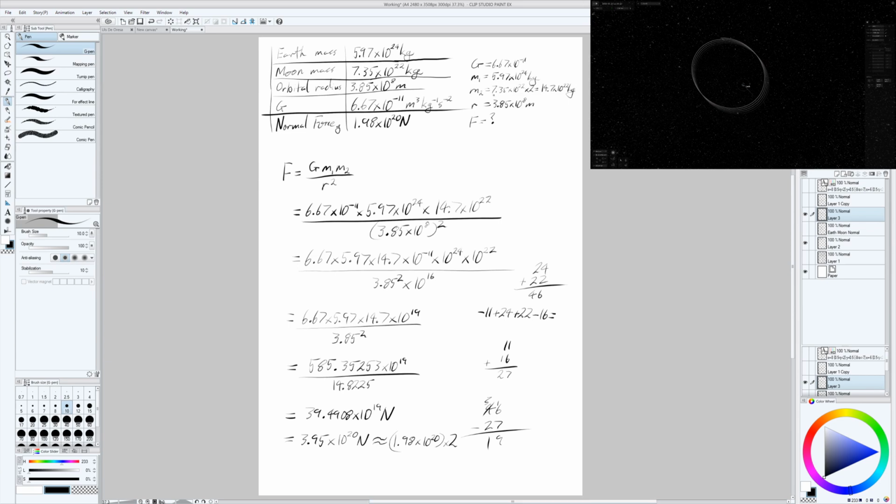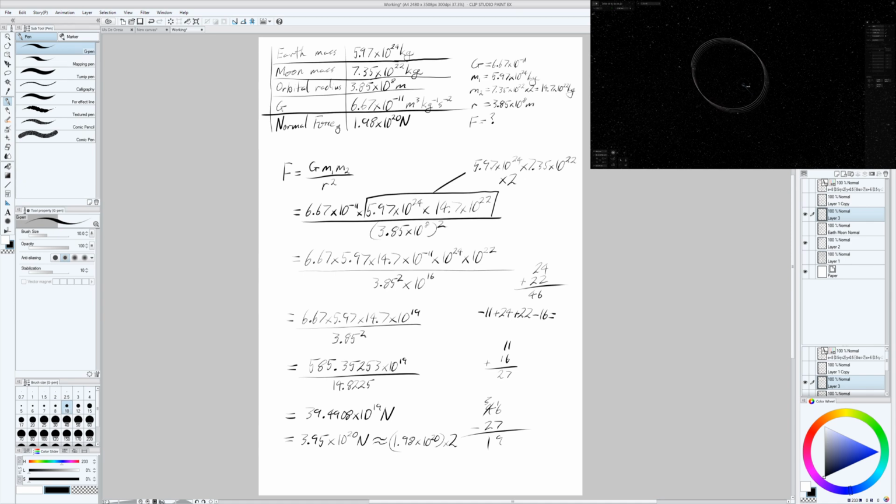Which, if we have a look up here where we rewrote the moon's mass as original moon mass times 2, if we then change this into 5.97 times 10 to the 24 times 7.35 times 10 to the 22 all times 2, this is still the exact same calculation because we're multiplying the mass of the Earth.